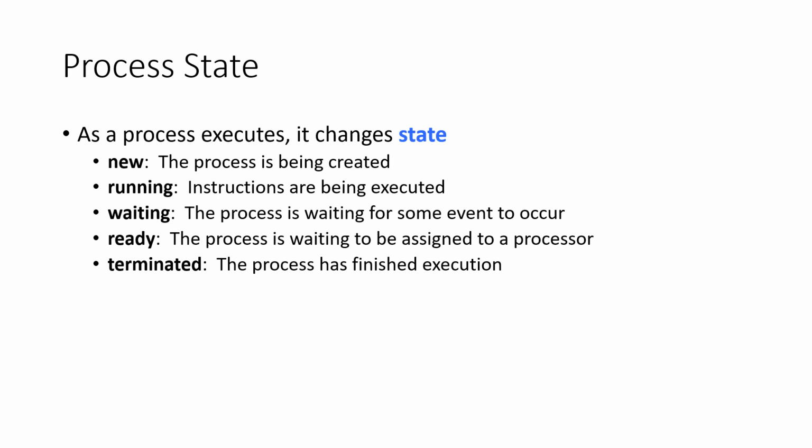The process is in running state when its instructions are being executed by the CPU. Next is waiting. A process is in waiting state when there is some I/O request or when an interrupt has occurred. Next we have ready. Ready state is when the process is waiting for the CPU's attention.